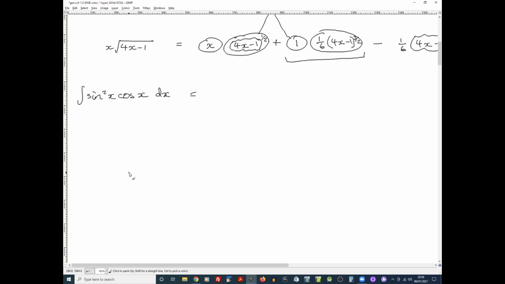Okay. So all I'm saying is, what we've got is sine x cos x, really. So we could look at it like that, or we could look at it like that, or we could look at it like, all three.